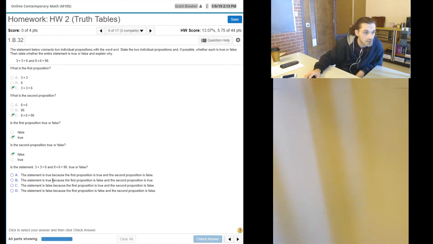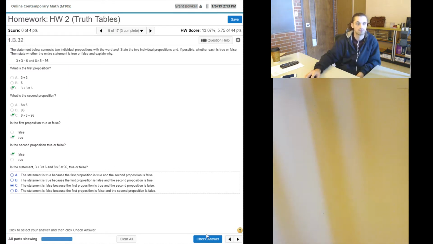So, let's read this carefully. The statement is false because the first proposition is true and the second proposition is false.